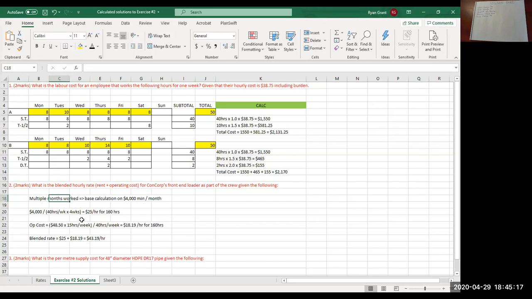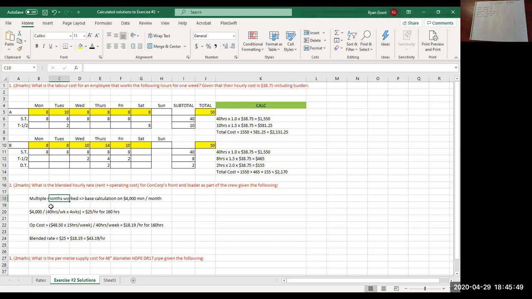So in any given week, the loader is working far fewer hours than the rest of the crew. What we were trying to do is, in our estimate, have the loader included in the crew and multiply the entire crew by 40 hours. So what that means is you have to prorate or reduce the hourly cost of the loader because it's not working the full 40 hours per week.